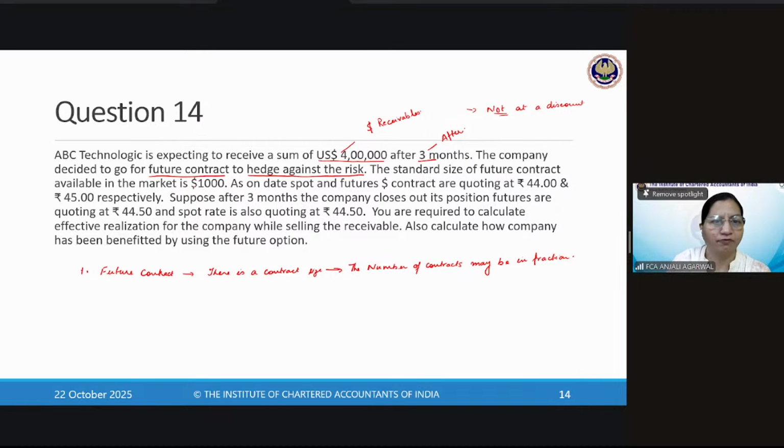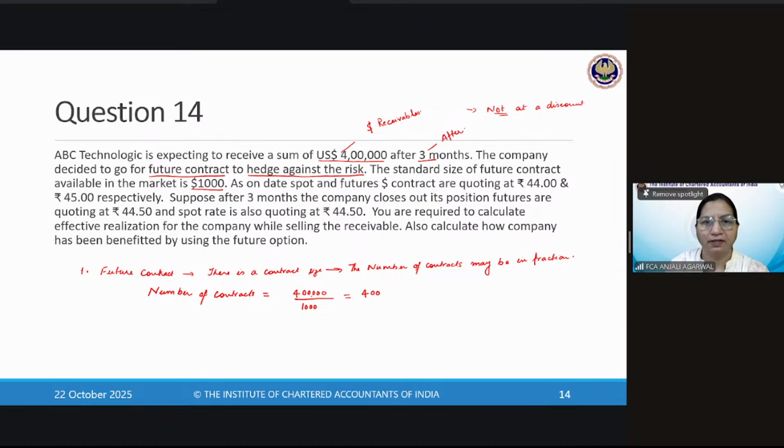Standard size of the future contract available is 1,000. So here, luckily, number of contracts is not a fraction. So you are completely hedging yourself for $400,000. So number of contracts are 400.